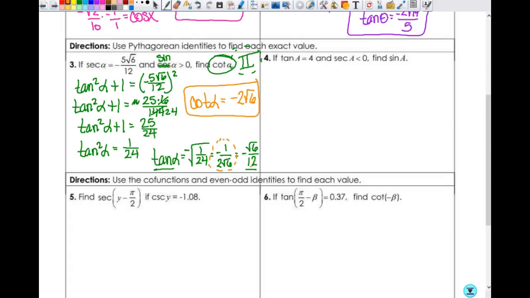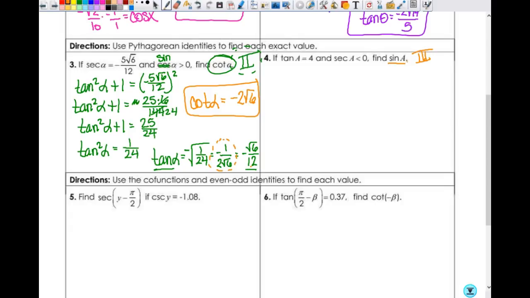Again, my directions say use the Pythagorean identities, even if there are other ways to do it. And so I have the tangent of A equals 4, secant of A is less than 0, so tangent's positive, cosine is negative, so we are in quadrant 3. And I want to find the sine of A. So I can use the tangent and a Pythagorean identity to find the secant, and then secant will give me cosine, and I can get to sine.